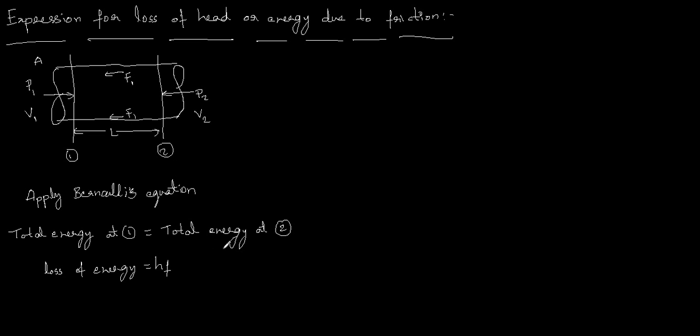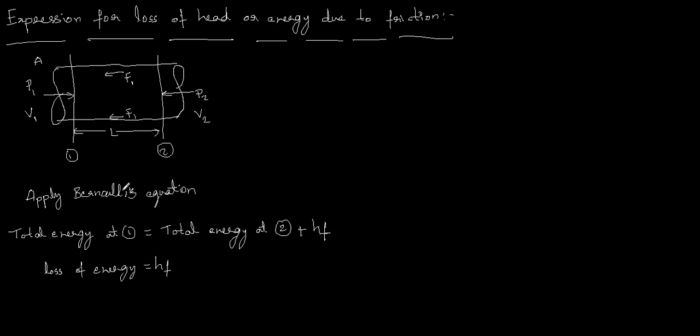To make the total energy at section 2 equal to section 1, we need to add the loss of energy. If we add that amount to the energy available at section 2, after moving from 1 to 2, we will get the value equal to the energy available at section 1.